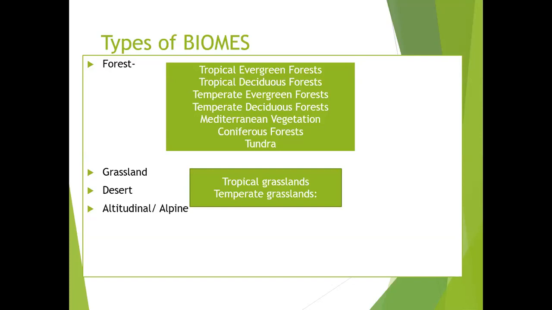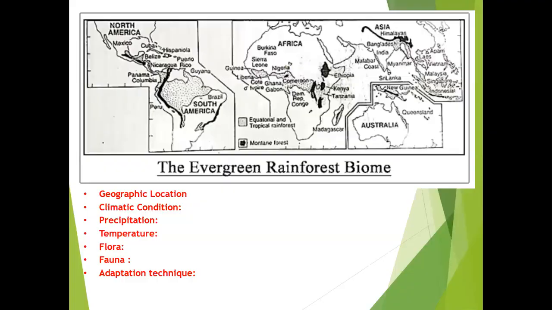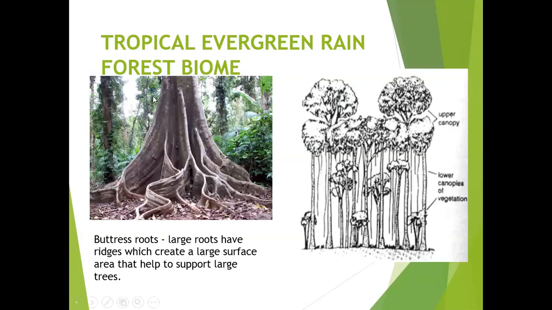Now, talking about the adaptation part. If we take the example of plants, in tropical evergreen forest you'll find that plants have leaves with pointy tips, mainly because they allow water to run off the leaves quickly without damaging or breaking them. Then you'll find buttress roots, because the topsoil is not very nutrient-rich.